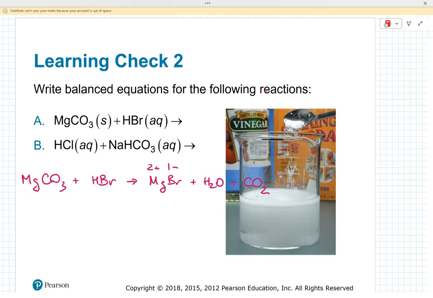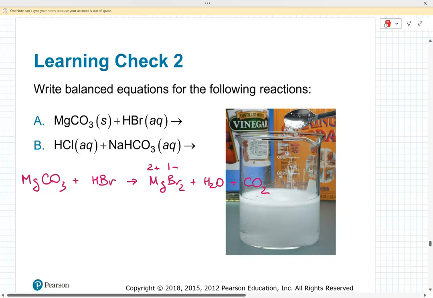How many bromide anions total do I have to have? So this salt must be electrically neutral, right? The positive charge is 2 plus. You have to balance it with negative charges, but each bromide gives you only 1 negative charge. So you need 2 bromides. Making sense? Okay.